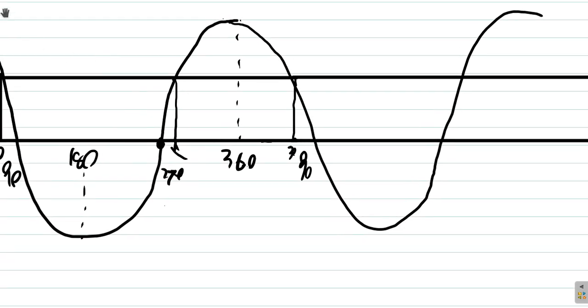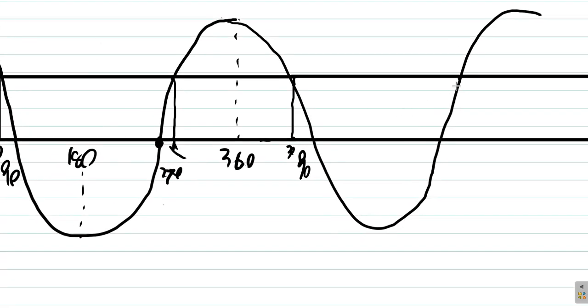If you project outwards, you have 360, then you go to 90. 360 plus 90.